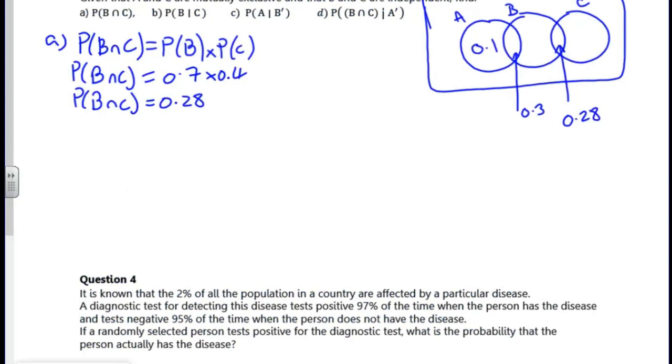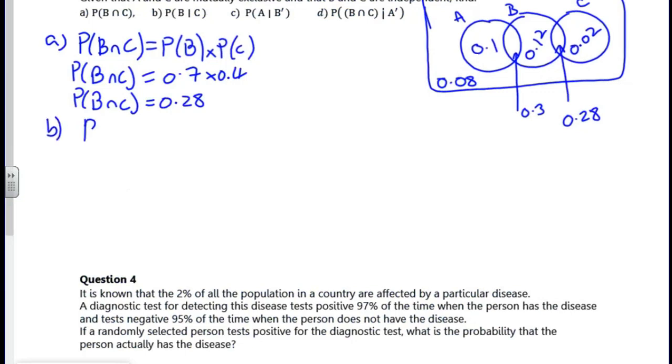So if B is 0.7 and I've used up 0.58, that bit there must be 0.12. If C is 0.3 and I've used up 0.28, that must be 0.02. If I add all them bits together, it leaves me 0.08 on the outside. Right, so that might help us if we need some bits later.